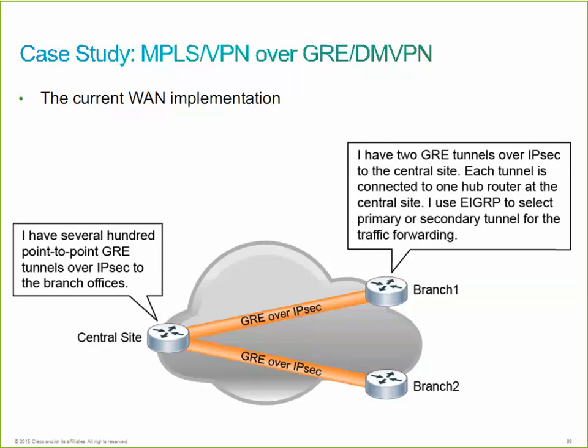So as I said, we've got two DMVPN hubs. We're not going to configure separate DMVPN networks. We're going to do a dual hub, single DMVPN cloud. That's typically how it would be configured anyway. So both routers at the central site are going to be hub routers for the same DMVPN cloud.